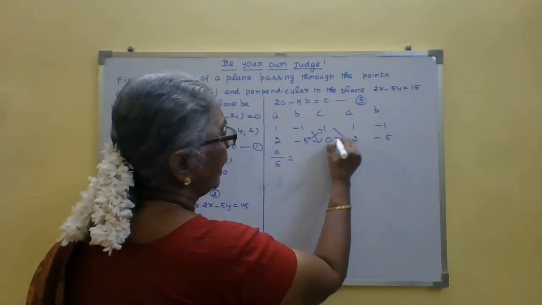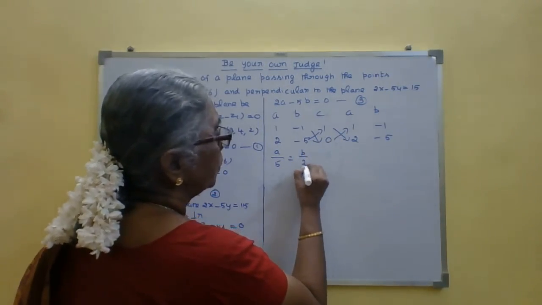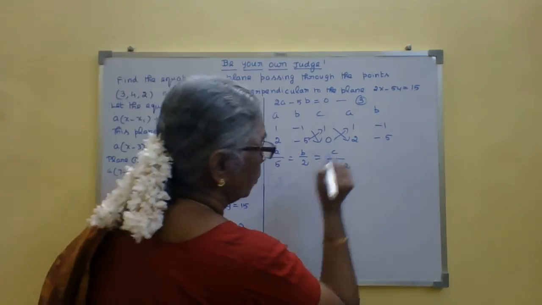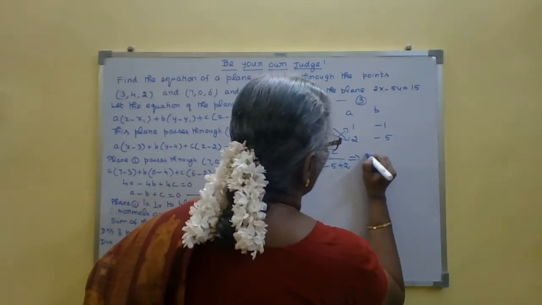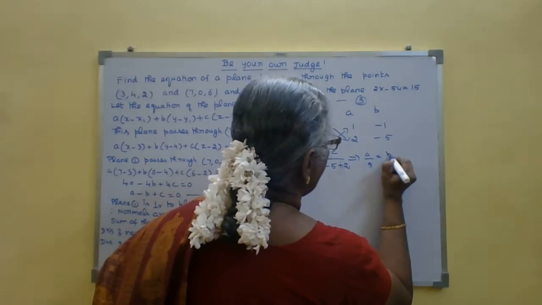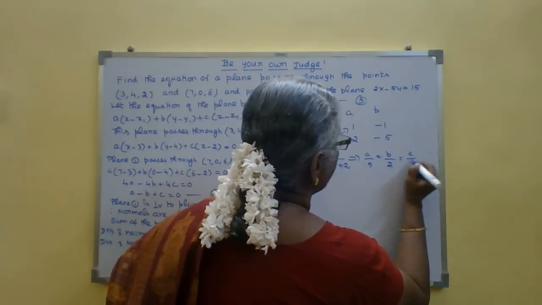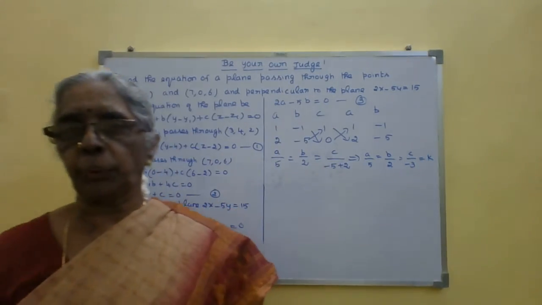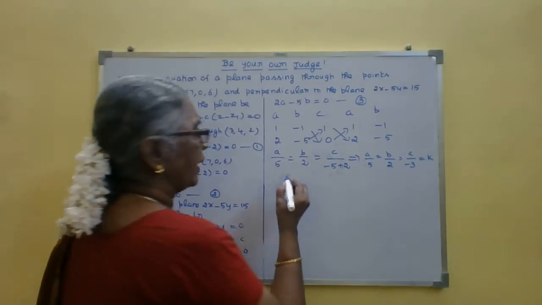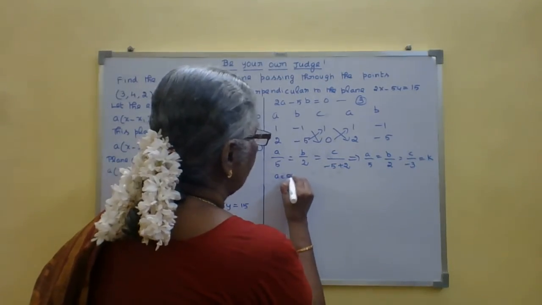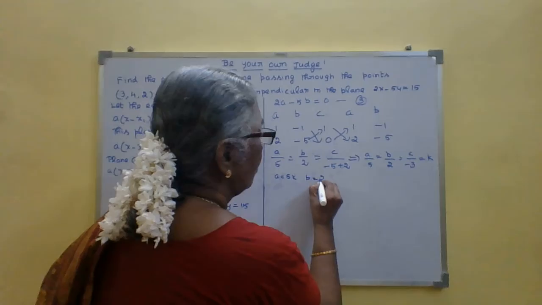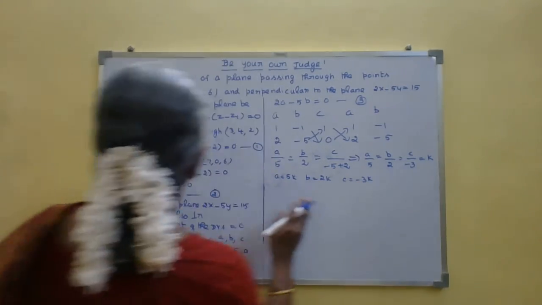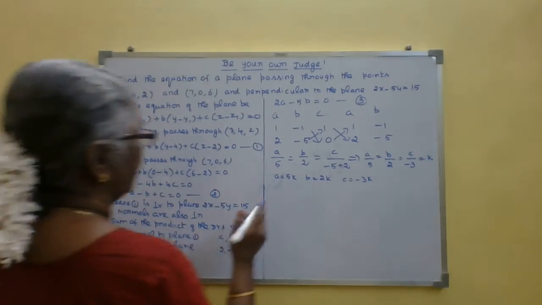Then b by, you will get 1 into 2 is 2, right? Now c by minus 5 plus 2. So that gives you a by 5 is equal to b by 2, that is equal to c by minus 3. Equate that to some constant of proportionality k. So you will get now a is equal to 5k, b is equal to 2k, c is equal to minus 3k. Substitute these values in equation 1 now.